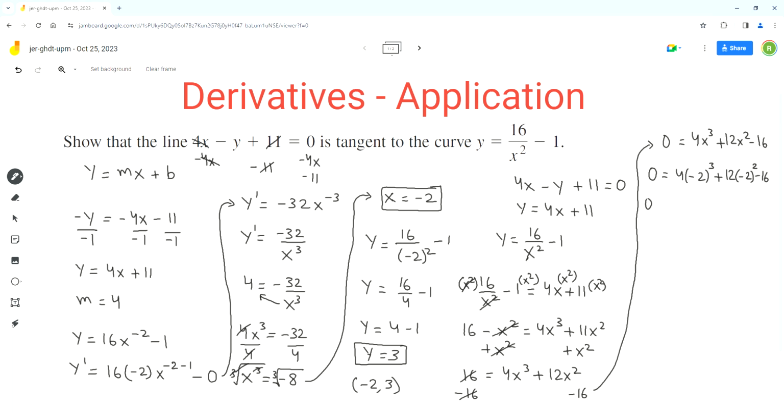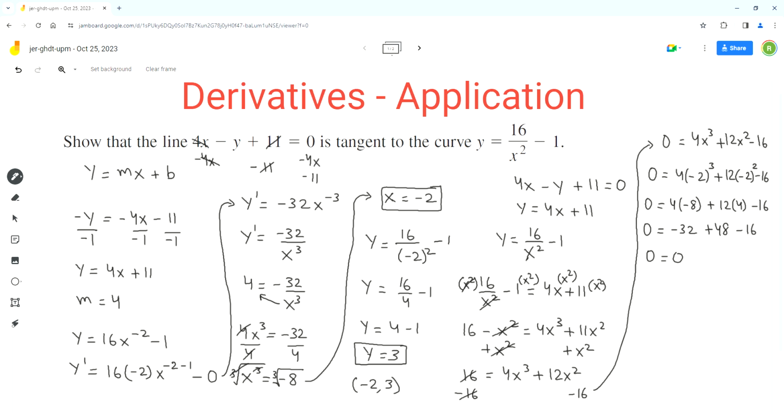So we get 0 equals 4 times negative 8 plus 12 times 4 minus 16. So 4 times negative 8 is negative 32, and then 12 times 4 is 48, and then minus 16. And when we combine these numbers, we get a 0. So the left side becomes equal to the right side.